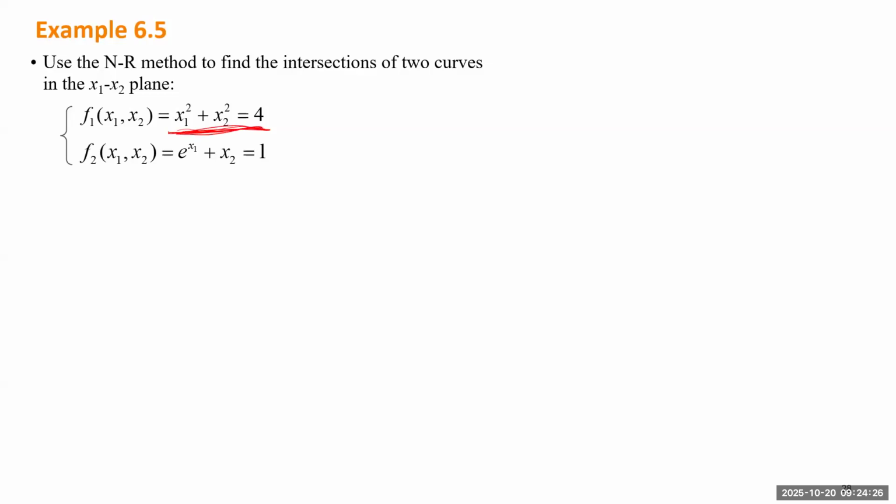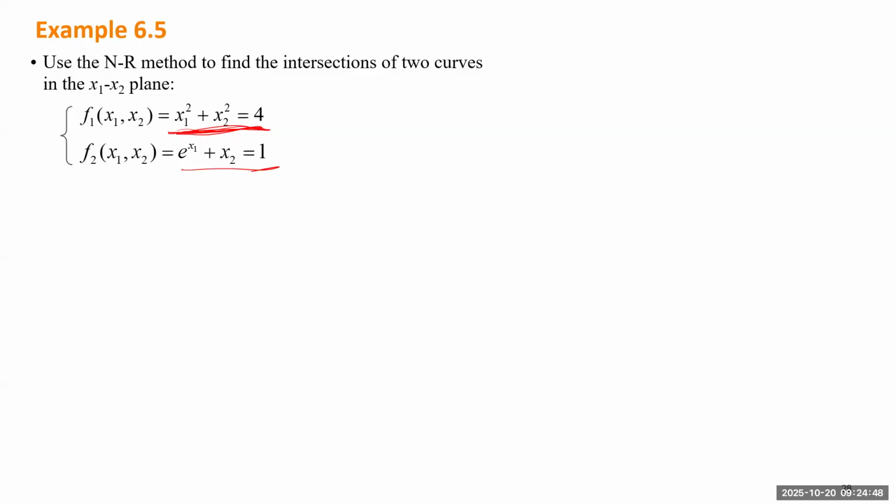The first equation indicates a circle centered at the origin with a radius of 2. If you treat S1 as the x-axis and S2 as the y-axis, this indicates a circle of radius 2. And the second function is some nonlinear curve.